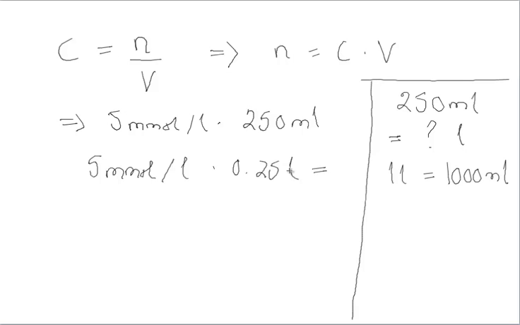That's the calculation will be 5 millimole per liter times 0.25 liter. That gives 1.25 millimole. The unit will be millimole. So now we also know the mole. We have 1.25, and we want to know the mass.